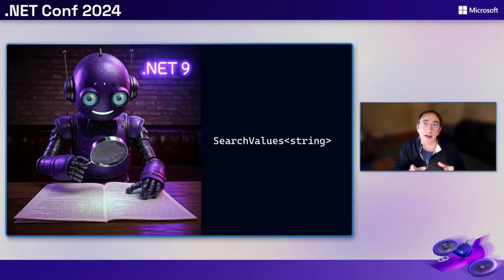And it's not just one algorithm that it's pre-computing data for. It's able to look at the data and say, okay, I know that for this set of data you're searching for, algorithm A is going to be better, or algorithm B, or algorithm C. And it can pre-compute the data relevant to that algorithm. And then again, when you go to do your IndexOfAny, everything is just faster.